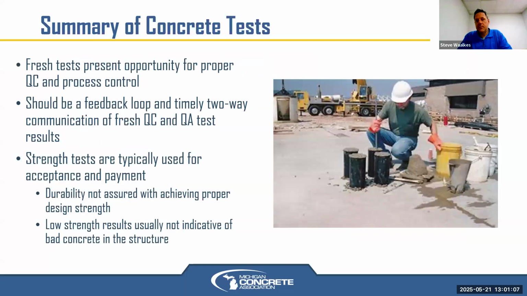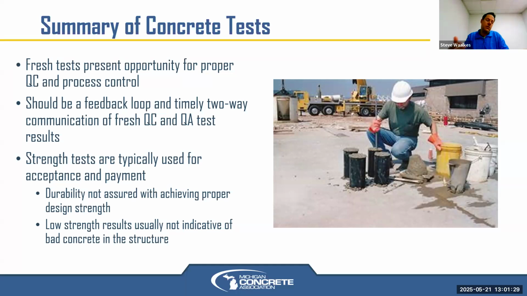And to summarize, I'm 1 minute over, but we'll quickly summarize the fresh concrete tests. That's typically where we have a lot of opportunity for QC, quality control, as well as process control of our whole process. And that should be a feedback loop and two-way communication so that everybody's talking and the fresh test results are communicated from QC to QA.